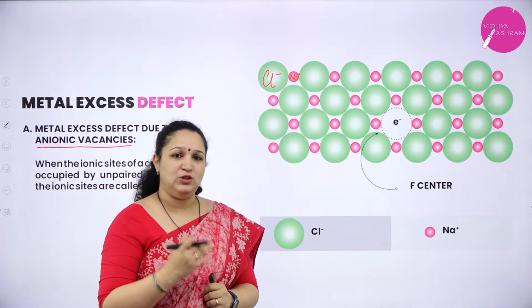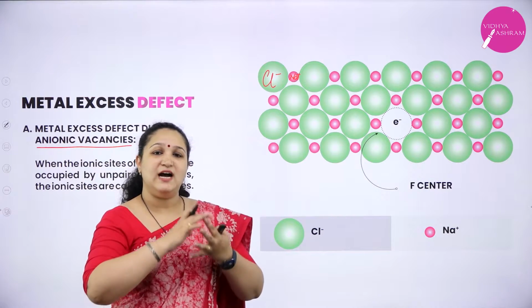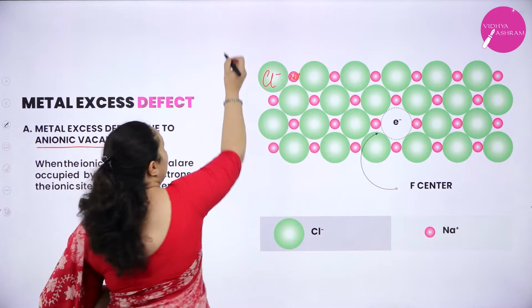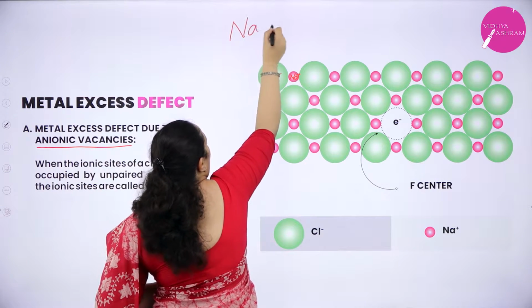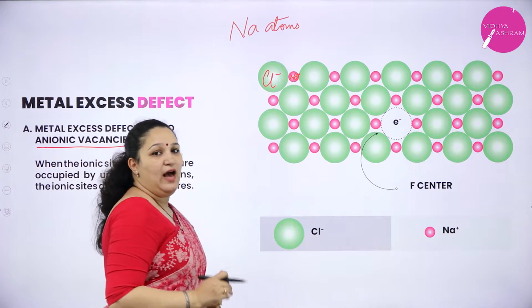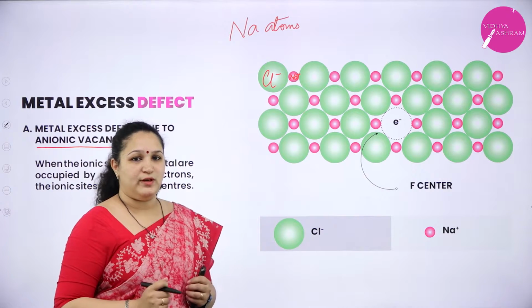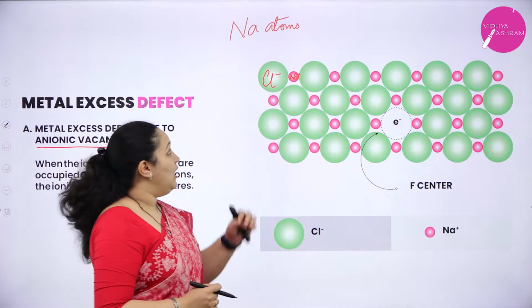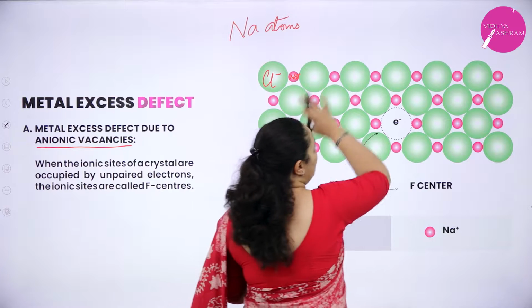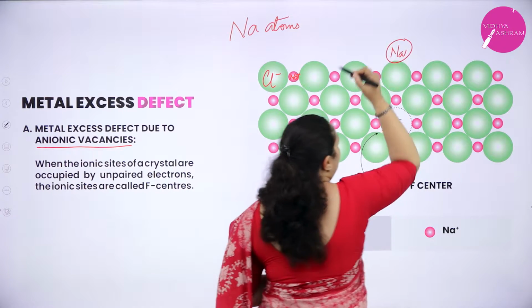Now what I will do is, I will take this sodium chloride and start heating it in the vapor which contains sodium atoms. I will heat the sodium chloride crystal in the vapor of sodium. So when I am heating this, 1 or 2 atoms can come and get deposited on the surface of the crystal.